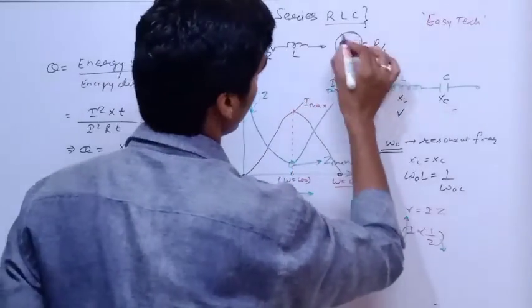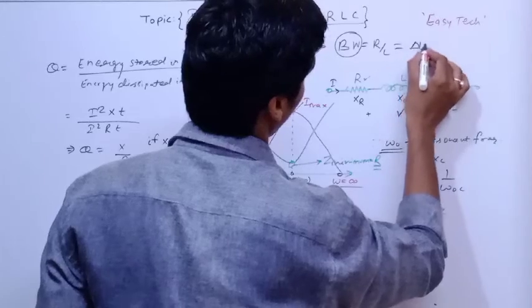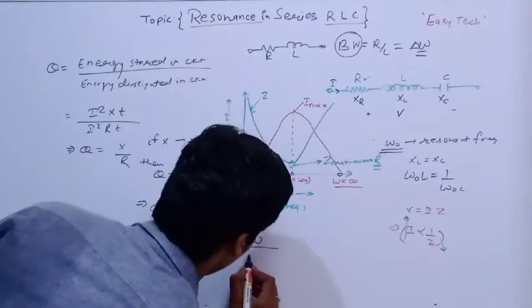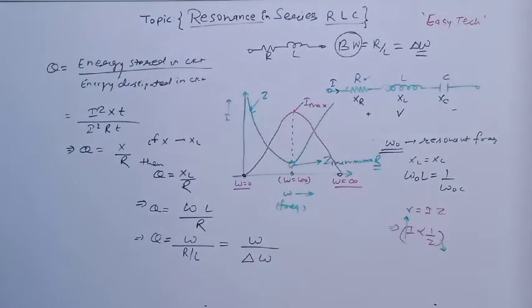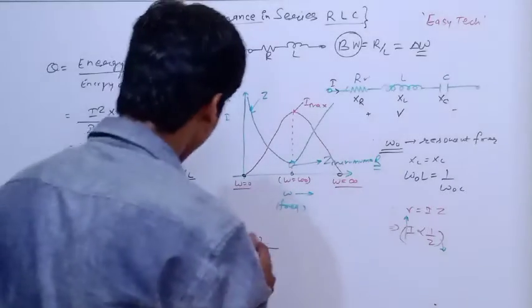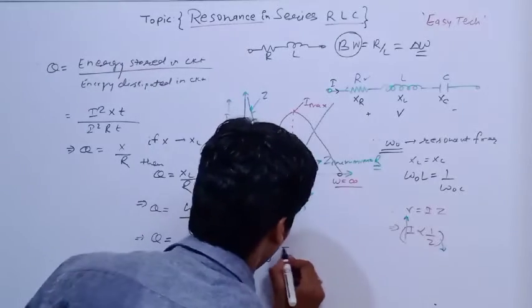Okay, and we are going to consider bandwidth as del omega. So this should be the value of quality factor.